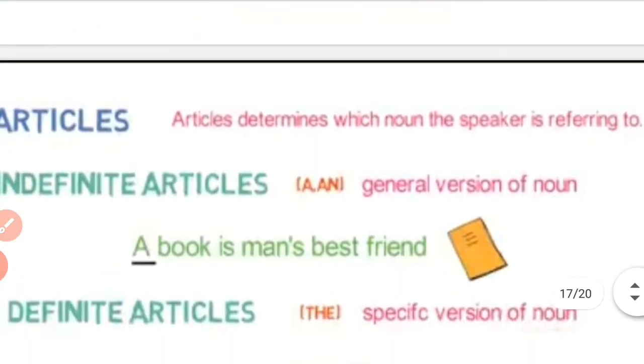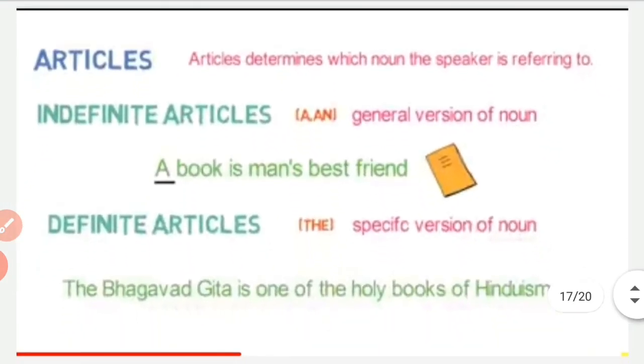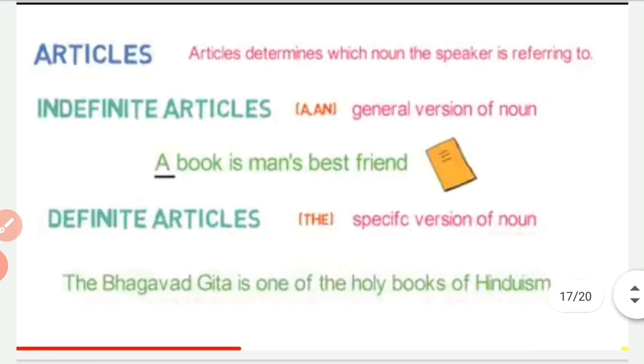Next, now we will see one by one the types of determiners. What are these? Articles. An article determines which noun the speaker is referring to. Okay. Now, articles are of 2 types. As I told, a and the are the articles, but they belong to 2 categories: indefinite articles and definite articles.